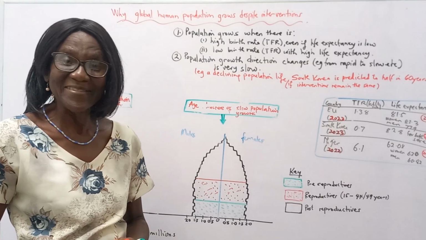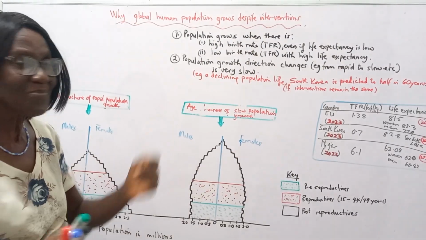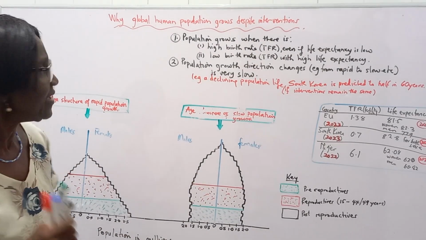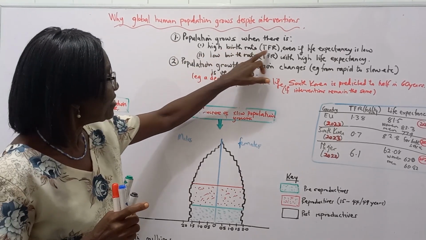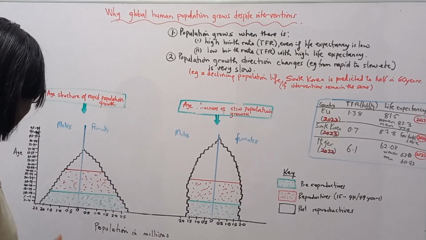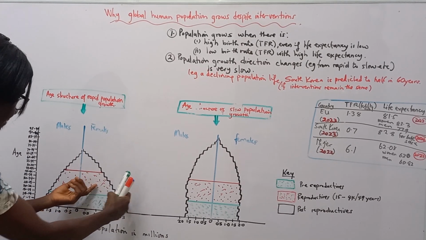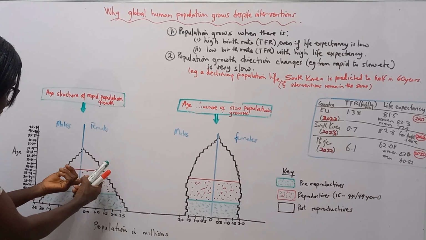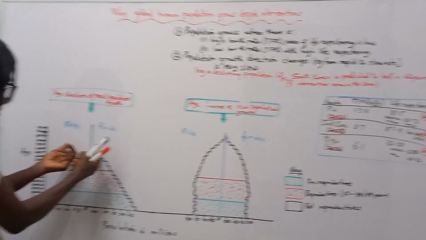The question is, why does the global human population grow despite interventions? One thing is that population grows when there are high birth rates, even if life expectancy is low. For instance, here we have a lot of reproductives producing, pre-reproductives will grow to become reproductives producing, and reproductives will go to fill old age.